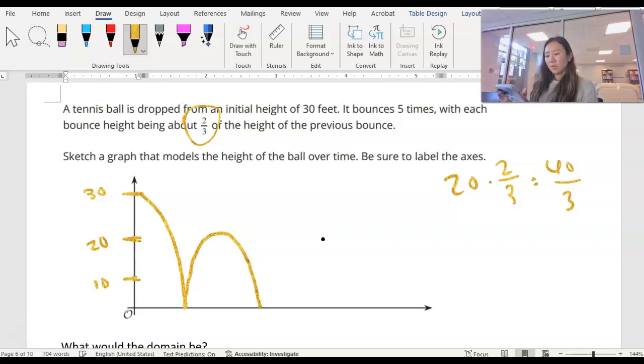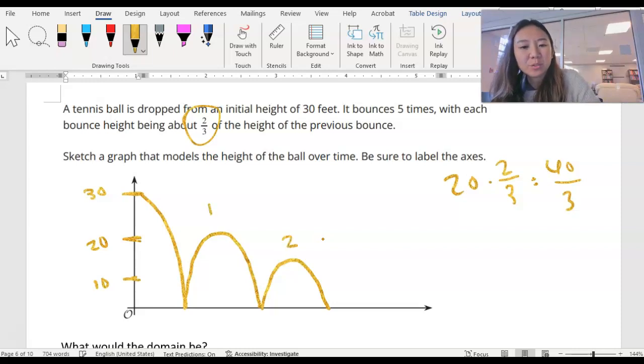And you can use a calculator for that if you like, but 40 divided by 3 is going to give us 13. So it's going to be just above the 10 on the second bounce, because this is bounce 1, bounce 2. Then it is going to go up 2/3 of that.